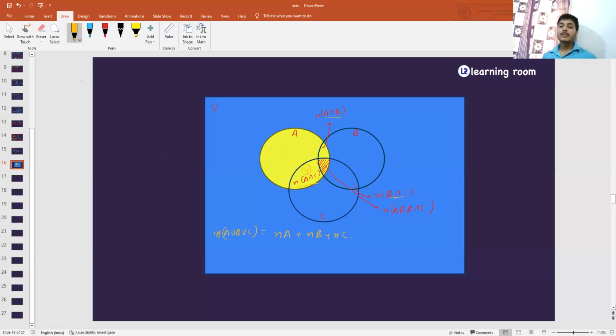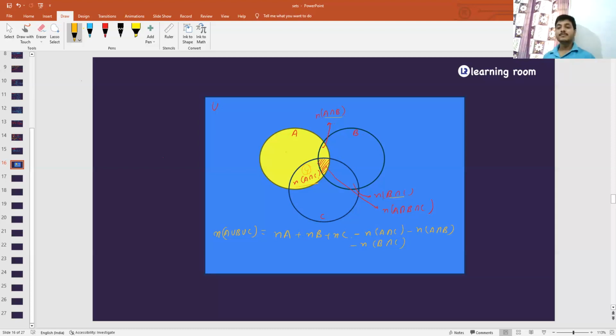So one time we have to subtract that now, isn't it? So I'll subtract n(A intersection C) once. Similarly, n(A intersection B) and n(B intersection C). Agree everyone till here?